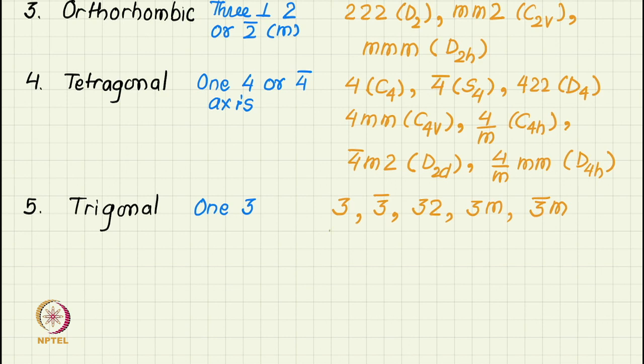The corresponding Schoenflies notations are C3, 3 bar is C3i. So C3, C3i, 32 is D3, the dihedral group, 3m is C3v, and 3 bar m is D3d.